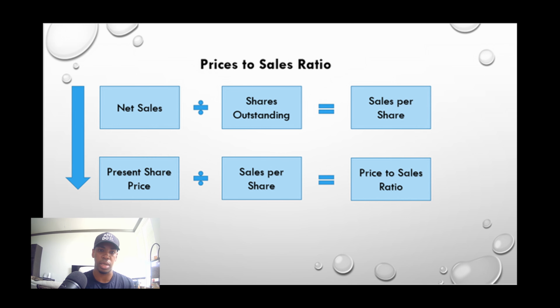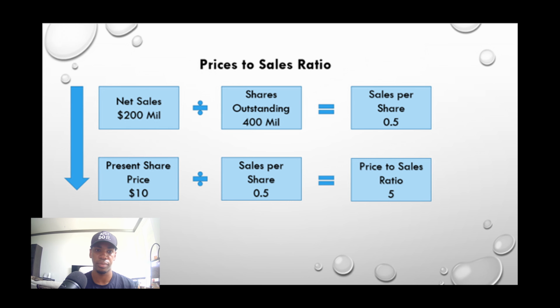So to calculate the PS ratio, firstly, we just need to work out the sales per share, which is calculated by dividing the company's net sales for a 12-month period by the number of shares outstanding, right? We can then work out the PS ratio by dividing the company's share price by its sales per share, okay?